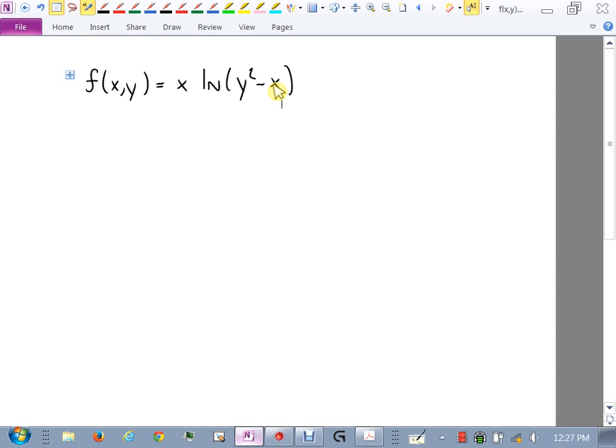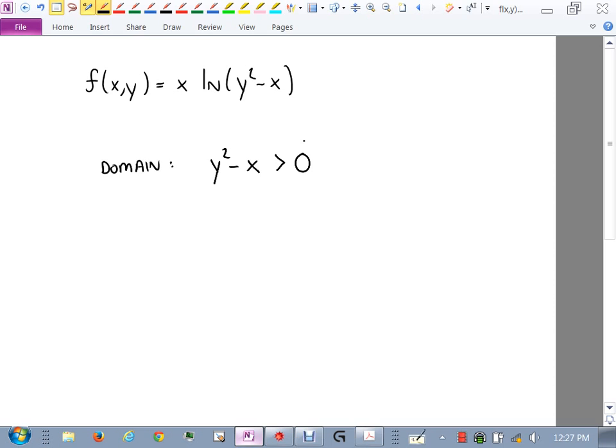You're correct, it can't be negative, but it can't be 0 either. So for the domain, we have to have that the argument must be strictly greater than 0. Strictly greater. Otherwise I can't figure out the function's value. Log's not defined.